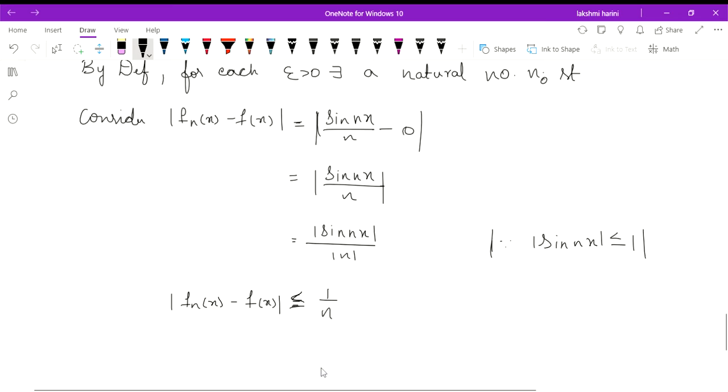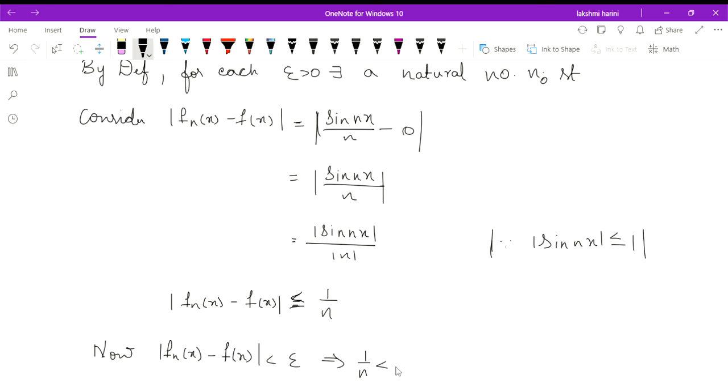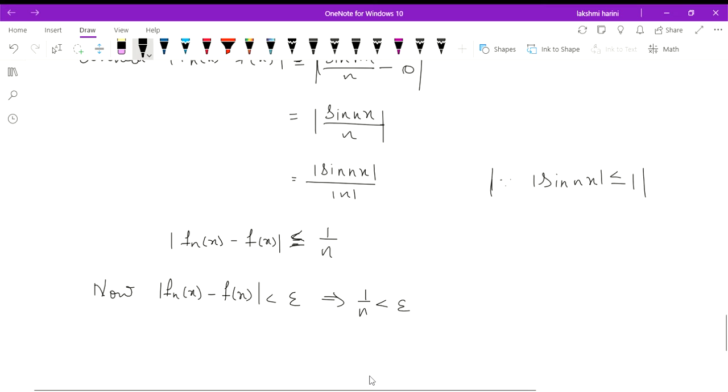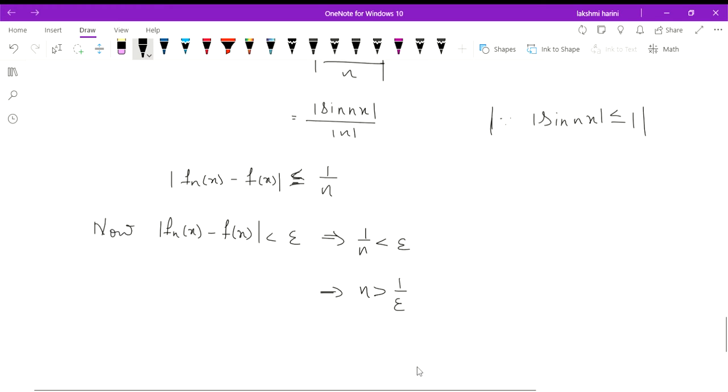Now we know that mod fn of x minus f of x is less than epsilon. This implies, what is our mod fn of x minus f of x? That is 1 by n. 1 by n is less than epsilon. This implies, now write what is your n? This implies n is greater than 1 by epsilon. Now we got n is greater than 1 by epsilon.